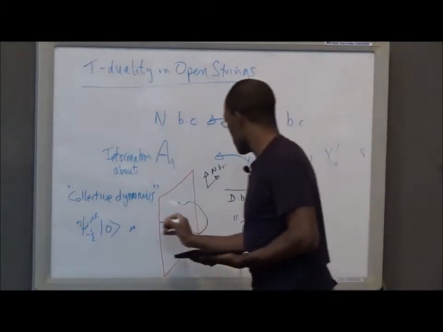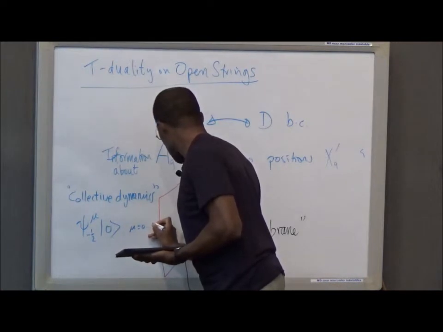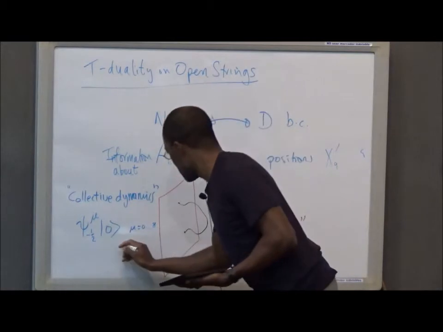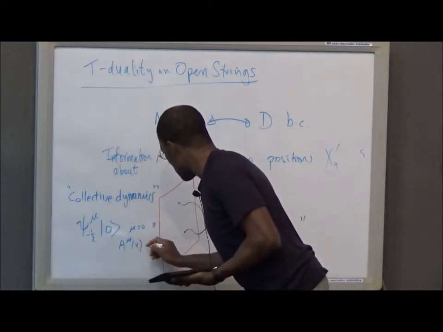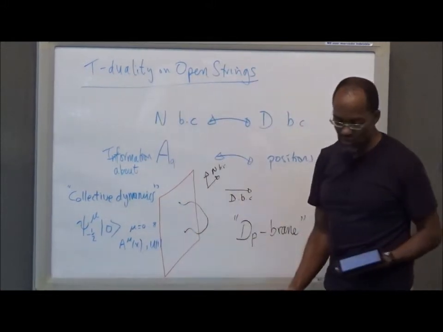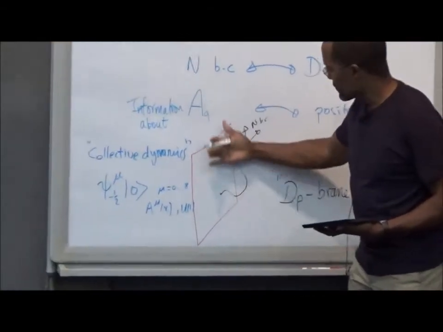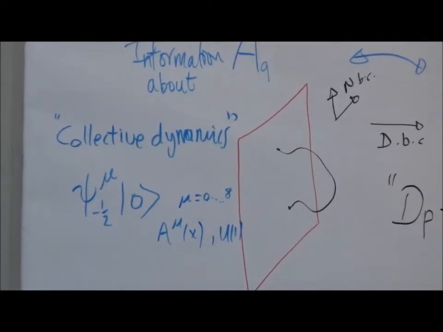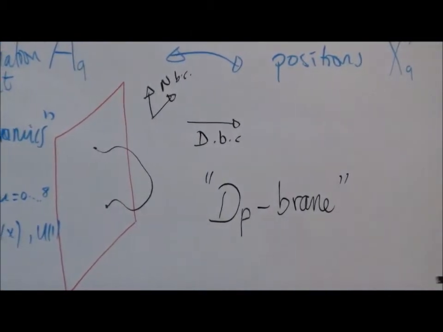If I have mu equals 0 up to 8, right, this defines some gauge field that just has some U(1) associated with it. And the language that's used is that that's a U(1) living on the world volume of this gauge theory, because it exists in these 0 to 8 directions, and it's what you would think of as a gauge field.